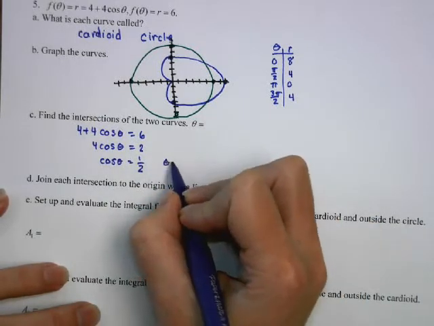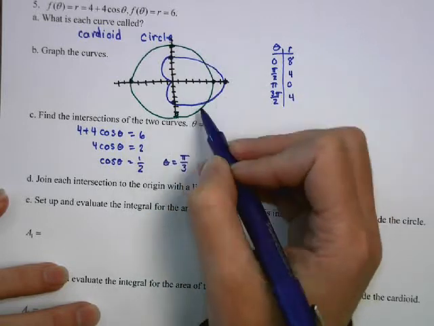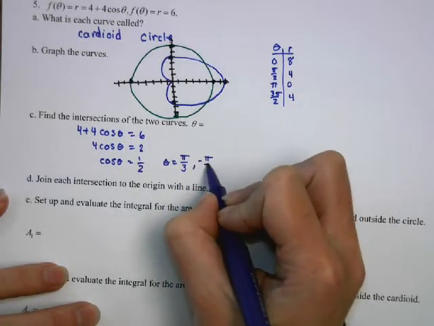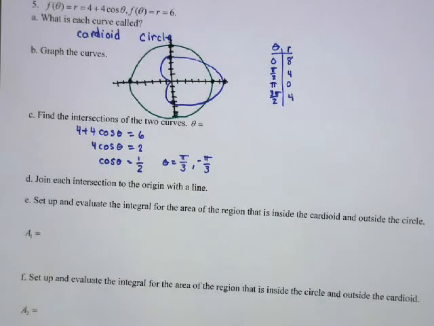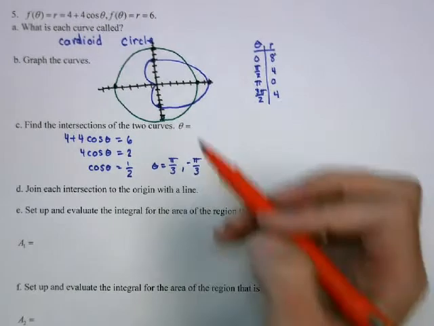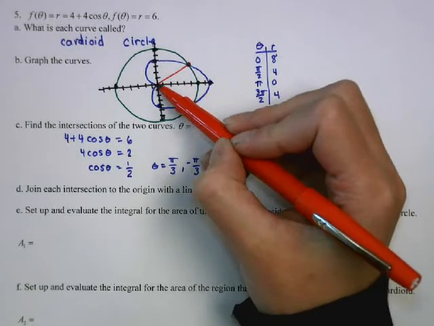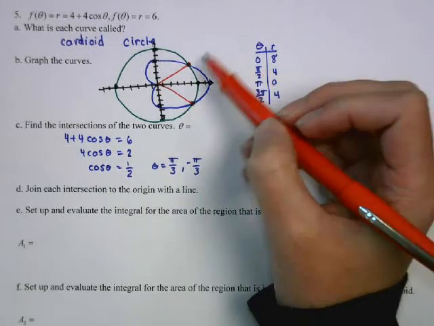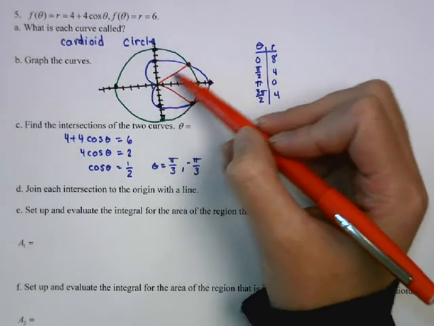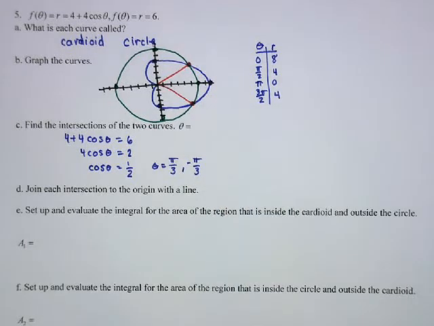That's going to happen at pi over 3 and negative pi over 3. Okay, so we're going to join each intersection to the origin with a line. So from here to this intersection, and from here to this intersection. So this is theta equals pi over 3. This is theta equals negative pi over 3.